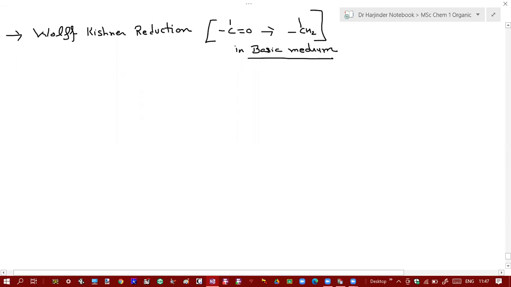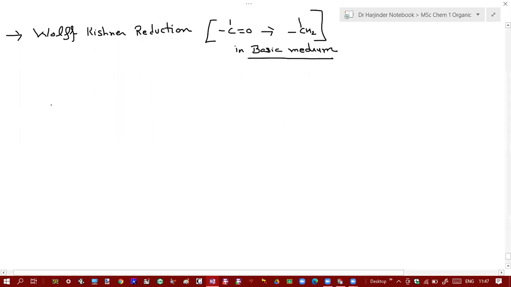So Clemmensen reduction reduces the carbonyl group to alkane in acidic medium. Wolff-Kishner reduction reduces the carbonyl group to the corresponding alkane in basic medium. And here the reaction is carried out in the presence of hydrazine.